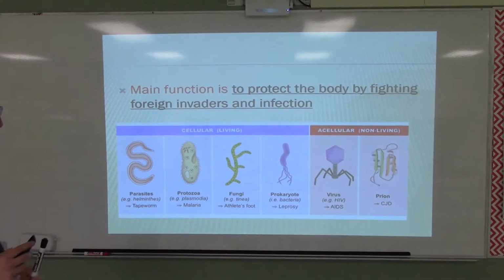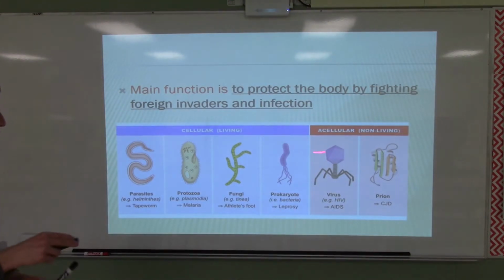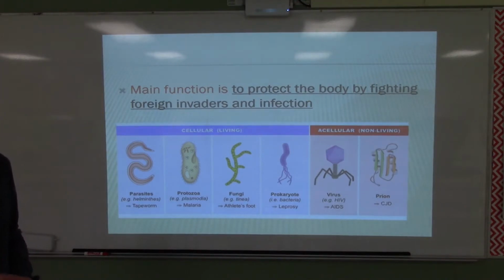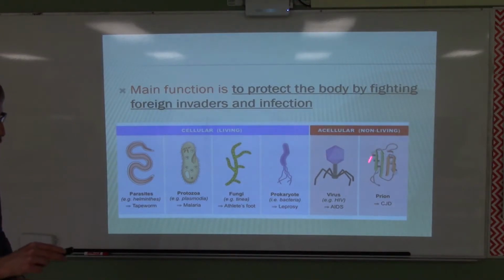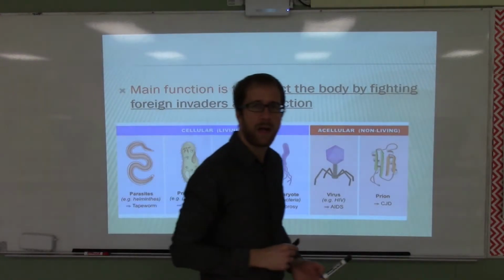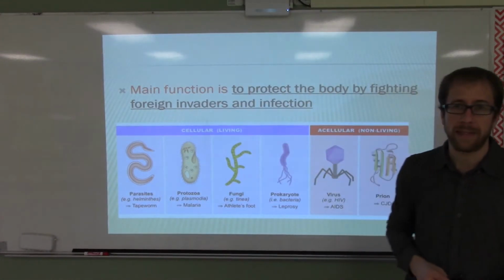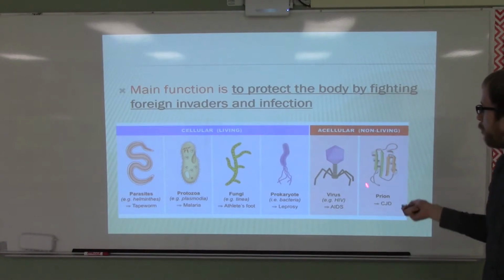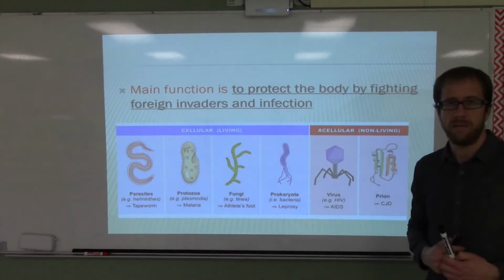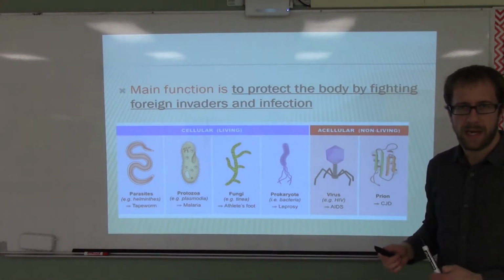Now, their main function is to protect your body against these pathogens, which can range from proteins, prions, that are horrible if you get something like Creutzfeldt-Jakob disease or mad cow disease. Those are prion proteins. It can be viruses, like the virus that is plaguing our world right now.